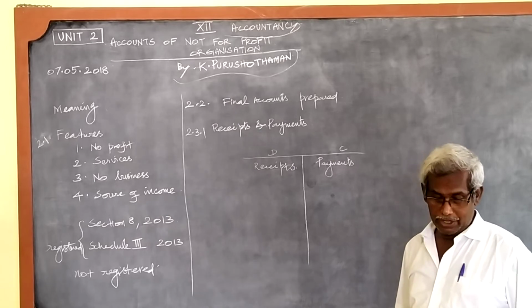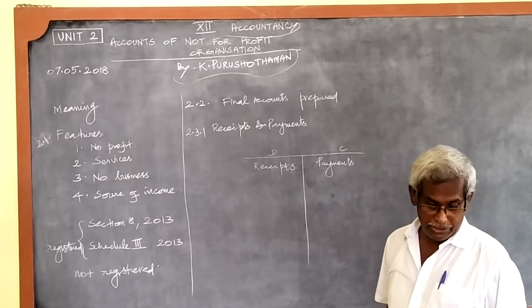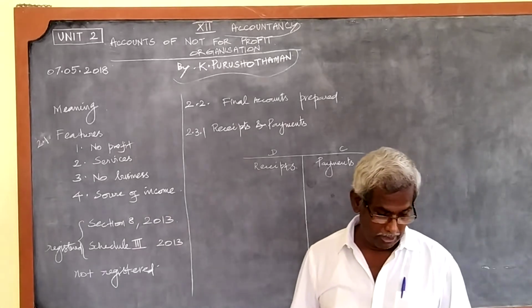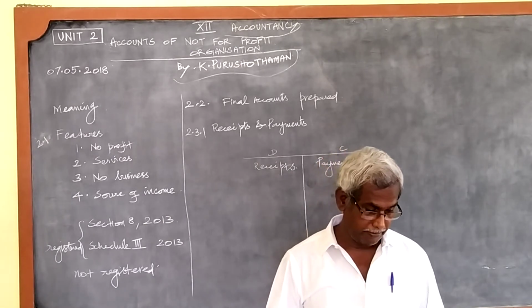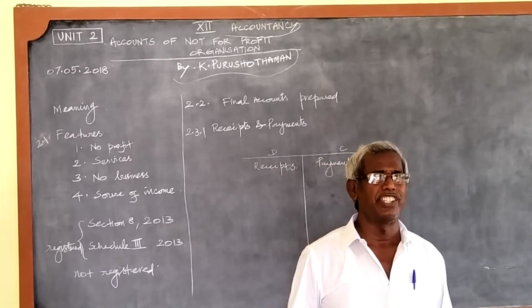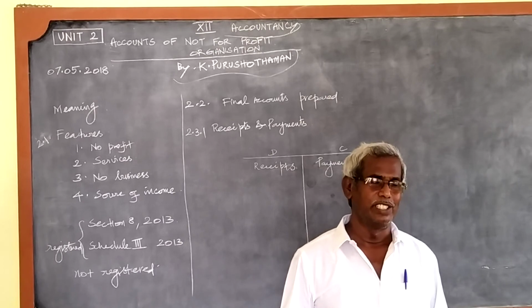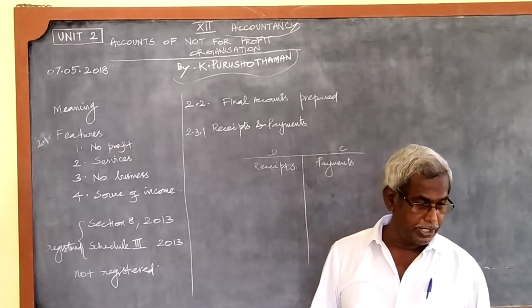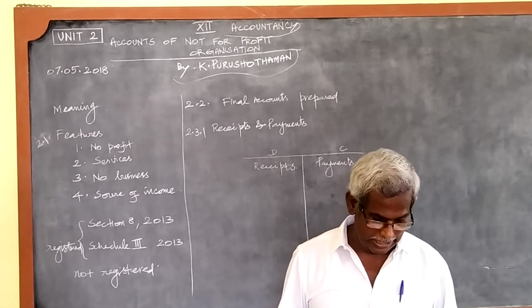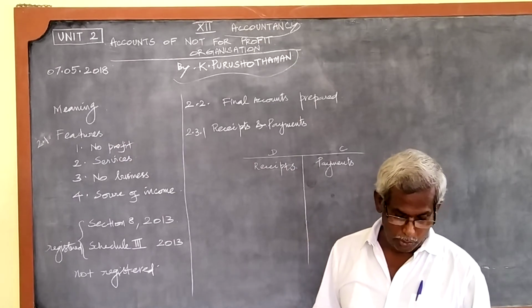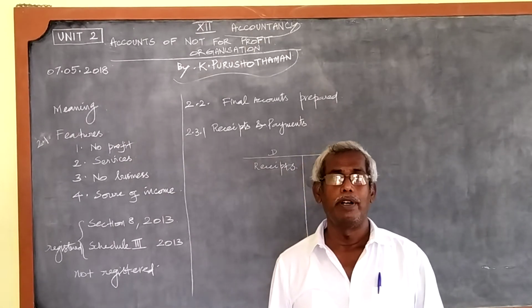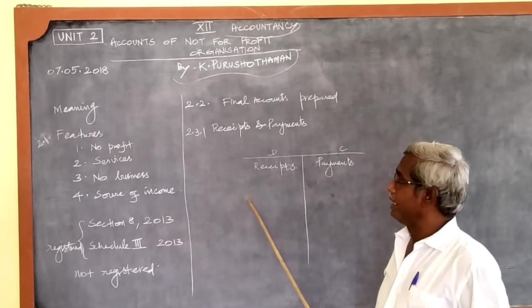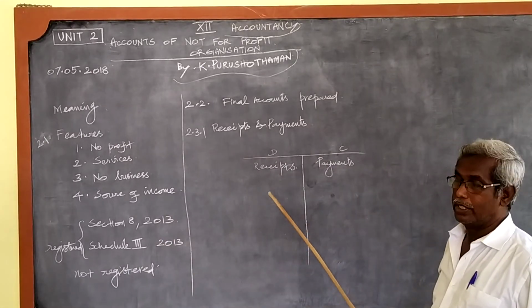In addition to that, there are some restrictions also. What are the restrictions? There are some non-cash items. What are they? Non-cash items: depreciation, outstanding expenses, accrued income. These items do not appear under the receipts and payments account.